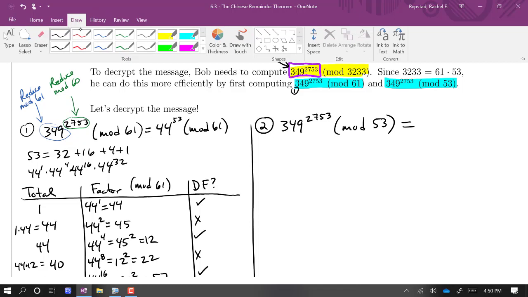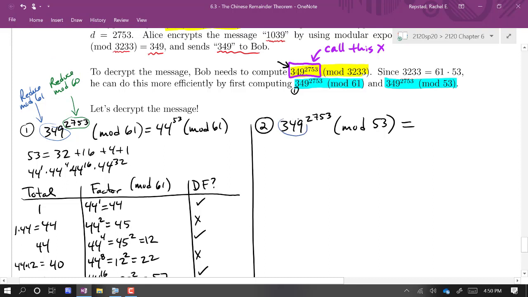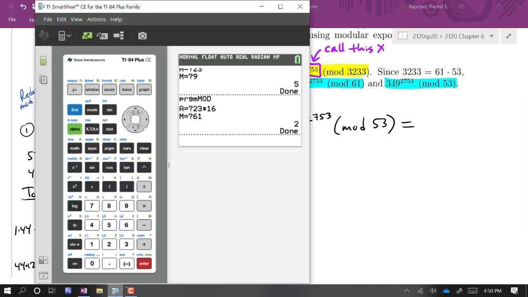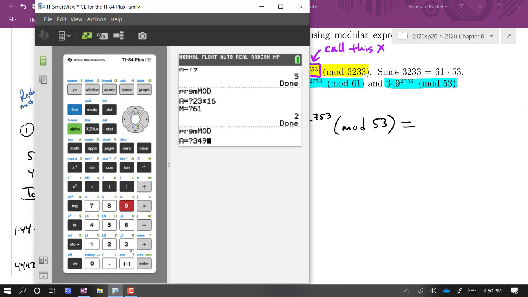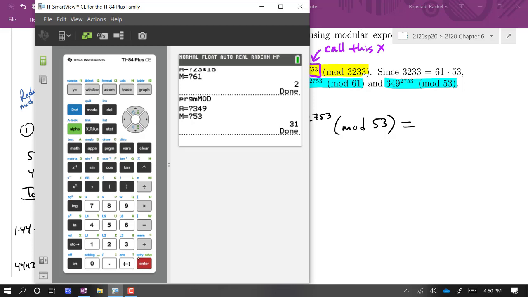Now we get to reduce the base mod our prime 53. So 349 mod 53 is 31.